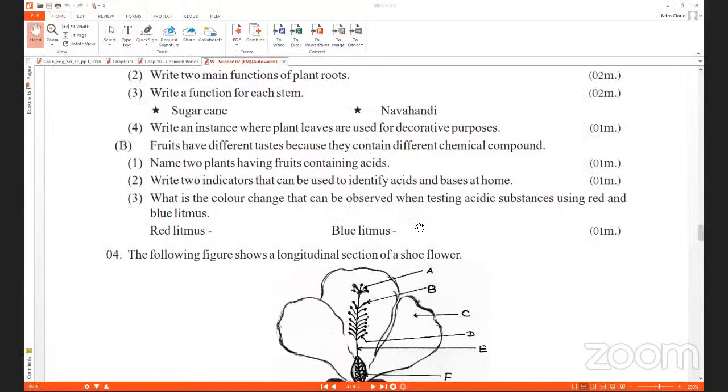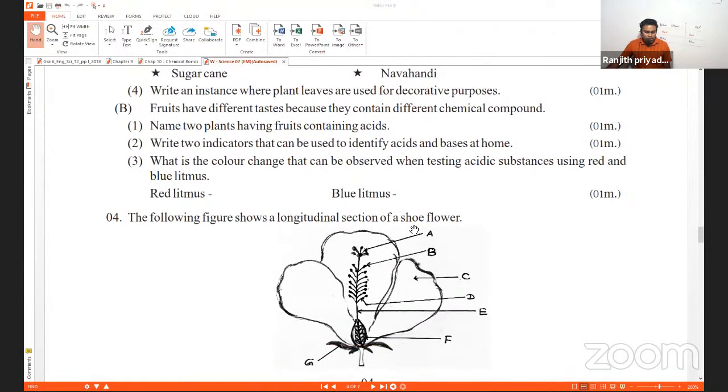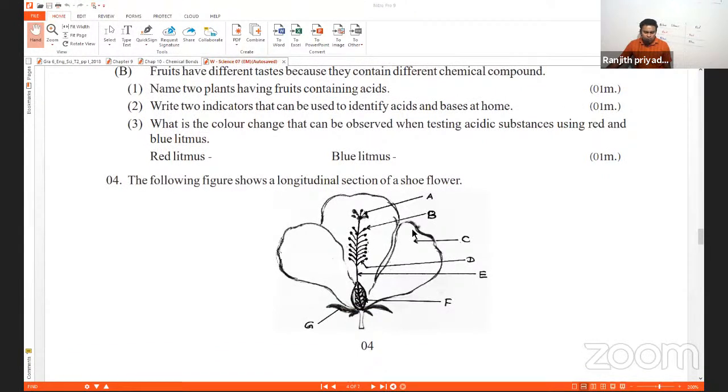Okay, you can see a nice question. එක අපි ලිව්වේ නැහැ පුතා. The following figure shows a longitudinal section of a shoe flower. Okay, I'll quickly draw this.